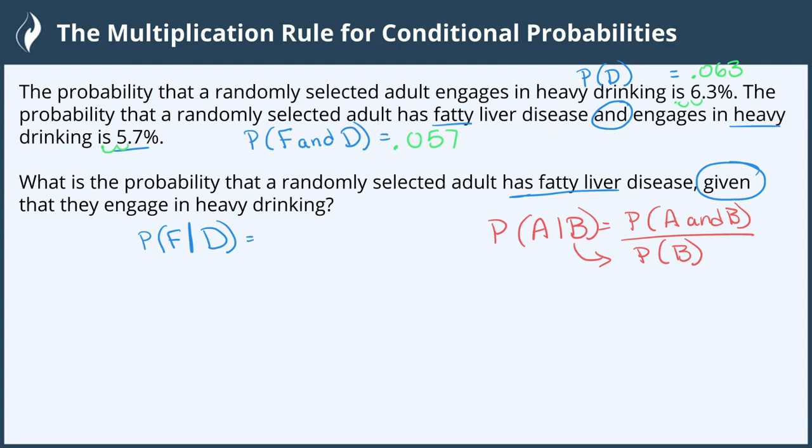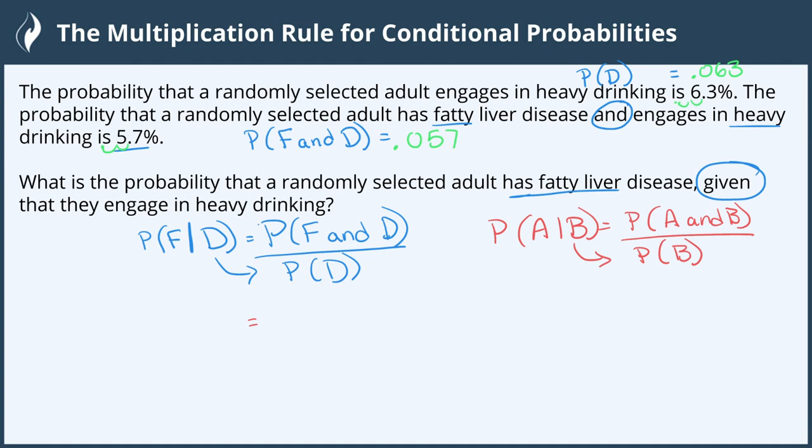Knowing that, let's finish our formula for the fatty liver disease and heavy drinking. So the probability of fatty liver disease given heavy drinking is the probability of fatty liver disease and engages in heavy drinking, so capital D, divided by the second one, the probability of engaging in heavy drinking. We were given these probabilities at the beginning.